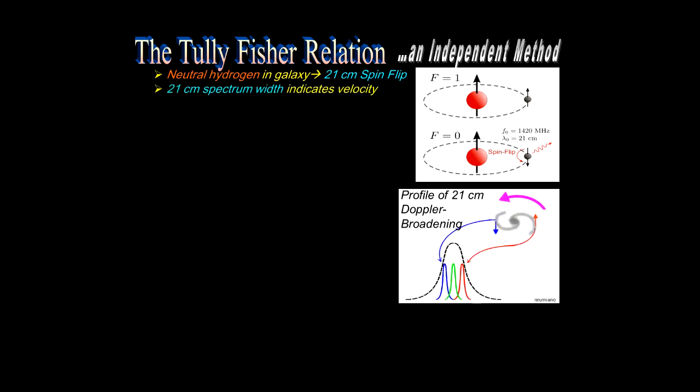And of course, it produces a spectrum, the 21 centimeter spectrum. The measurement of Doppler shifts of that spectrum is an indication of the velocity of the hydrogen gas orbiting around the galaxy. So based on the broadening of the spectrum, we have an understanding of the rates at which the gas is moving around the galaxy.